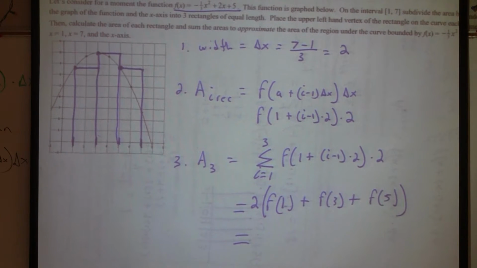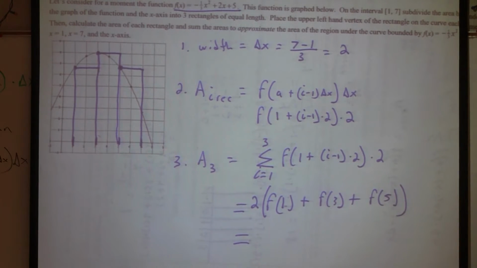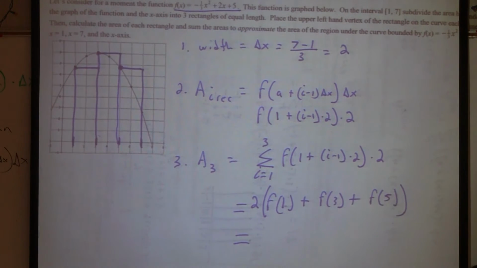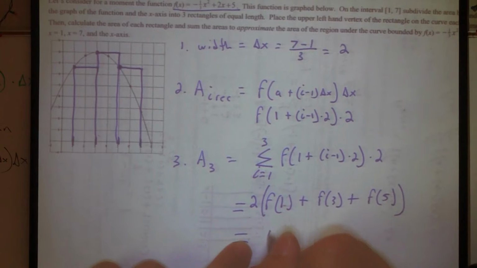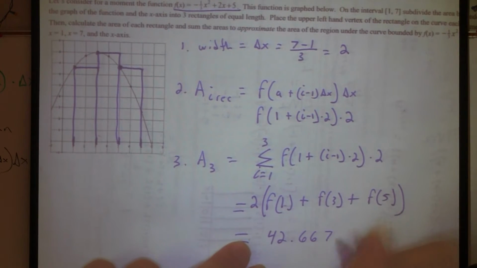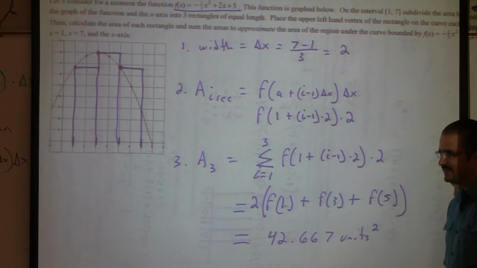You should get something more than 40. 42.667 units squared, right? So was it something more than 40? Yeah.